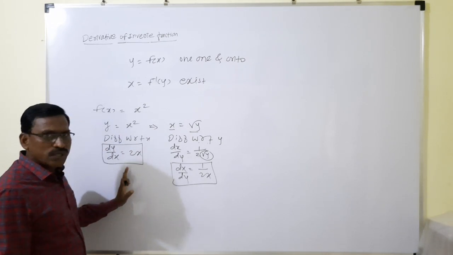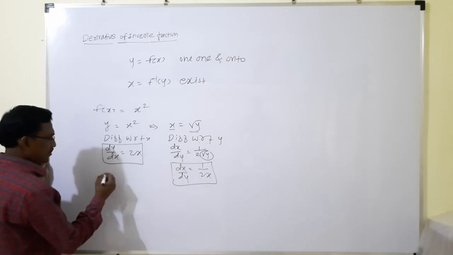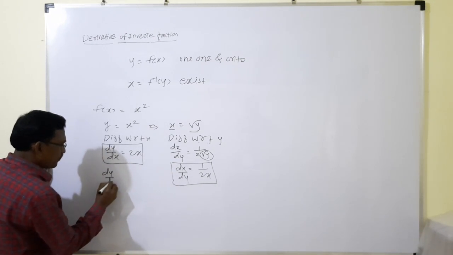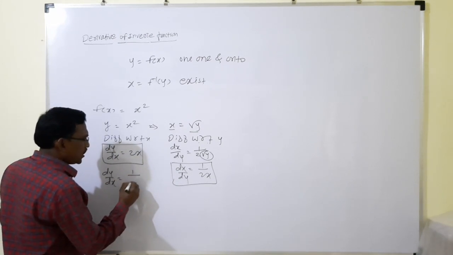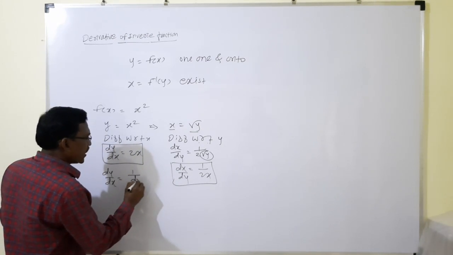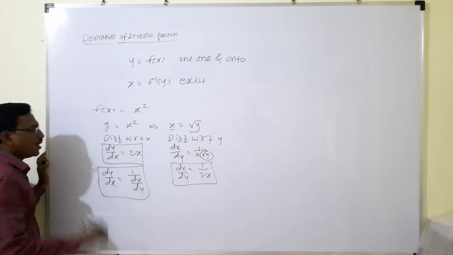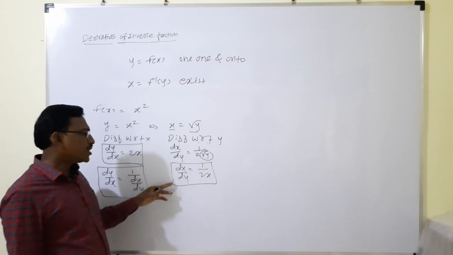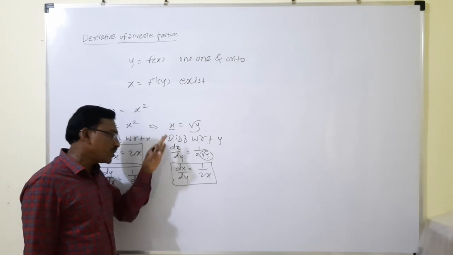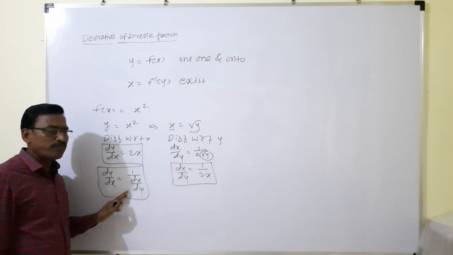And from these two we write dy by dx is equal to 1 by dx by dy, because the derivative of the inverse function is the inverse of the derivative of the original function.